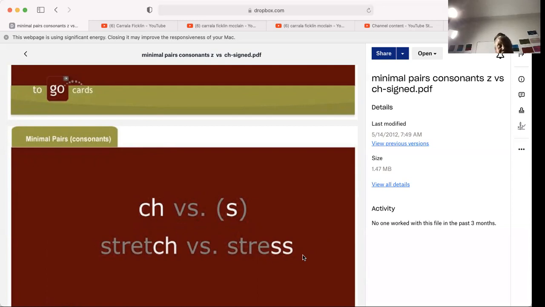This could be challenging. If your mouth is not accustomed to making these sounds, it can be challenging. I think you would hear the difference, but I'm not even sure. But definitely to make the sounds would be challenging.